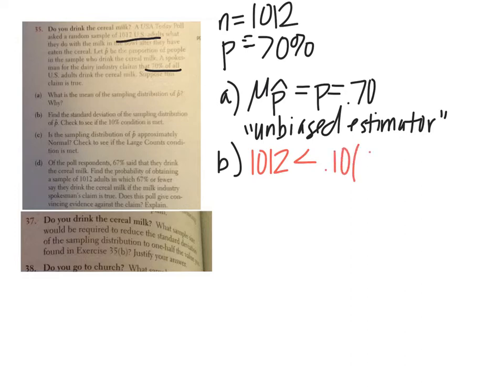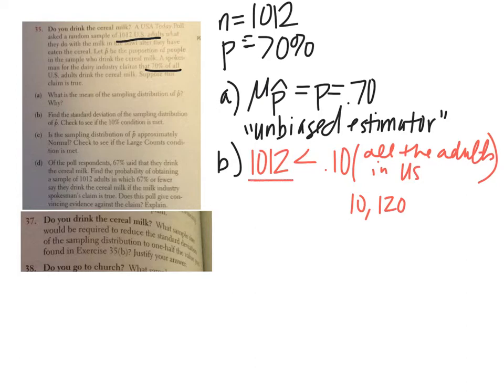I don't know the exact number of adults, but 10% of 10,000 is 1,000, and 10 times 1,012 is about 10,120.